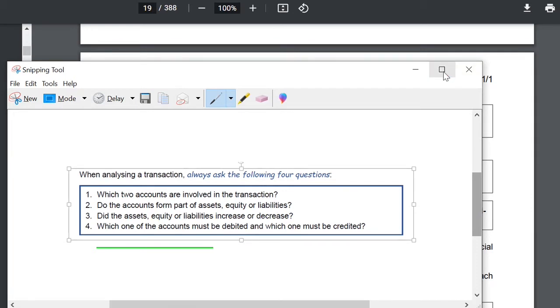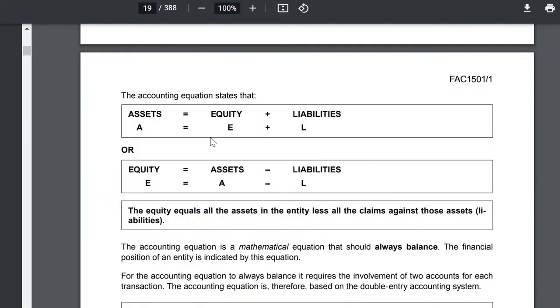So when both your asset and your income are increasing, you put plus 5,000 here, plus 5,000 under equity. Can you see that your transaction balances?